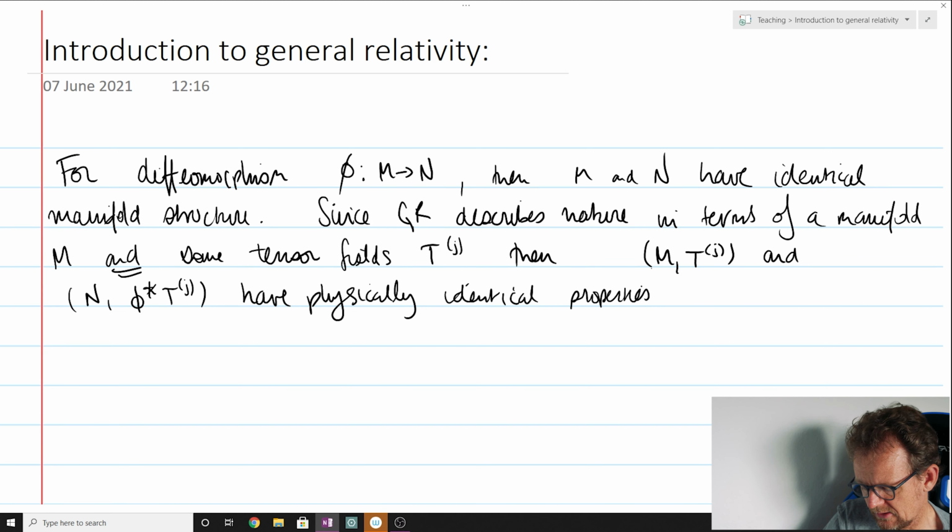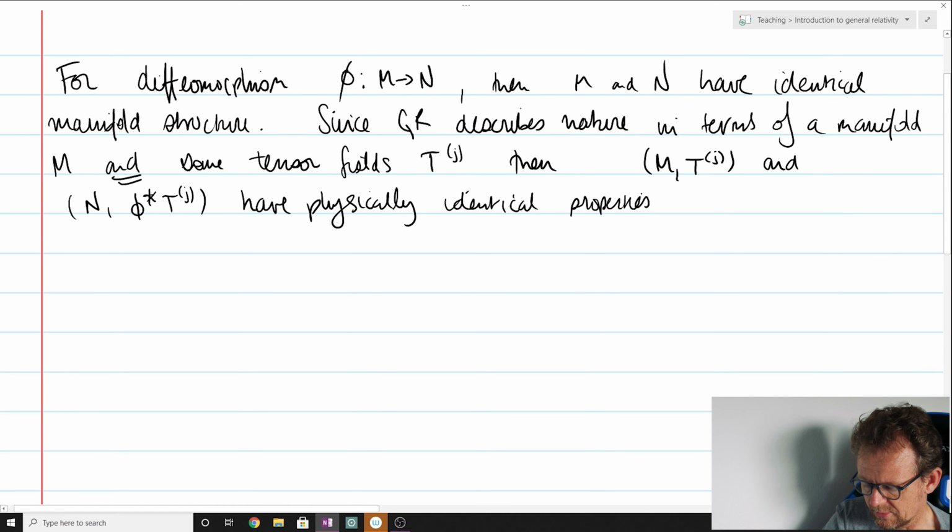So here we are getting into the gauge structure of general relativity. If we have a manifold with some tensor fields on it, T^j, and a diffeomorphism phi, then the argument is that M and its list of tensor fields T^j, and N, the image of the diffeomorphism, and the appropriately pushed forward tensor fields phi star T^j have physically identical properties.